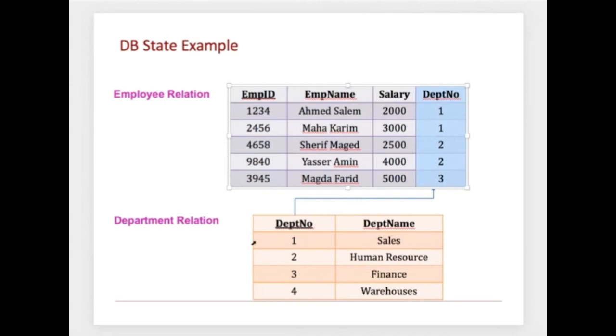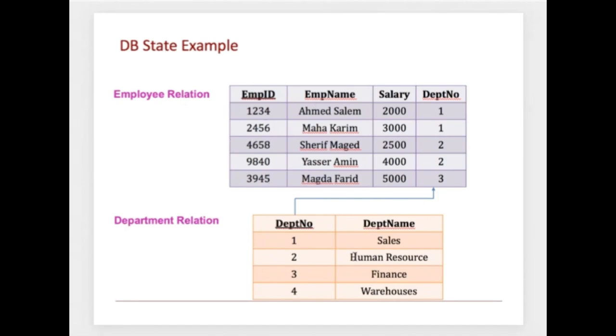I told you, I have repeated it several times, that another name of relation is table. Guys, do remember these things so that you don't get confused. If you don't understand what a relation is and what a table is, you will be confused and then you may not understand some things. Okay, so this is our database state.